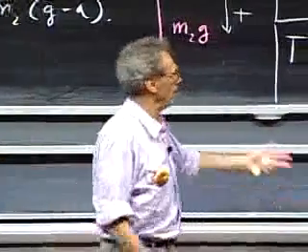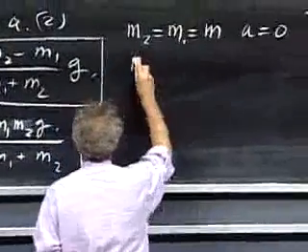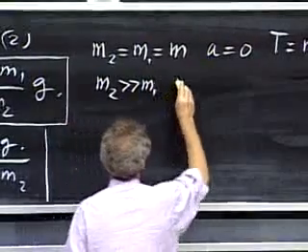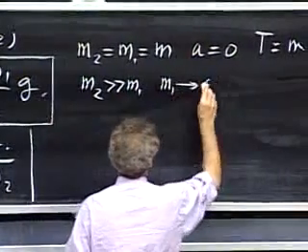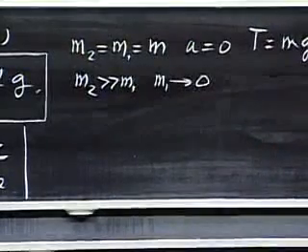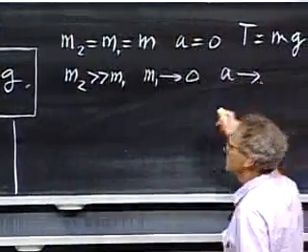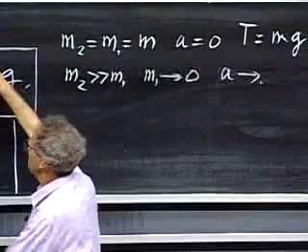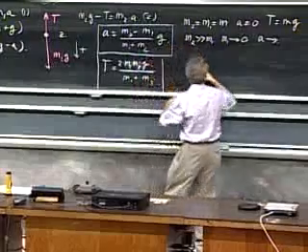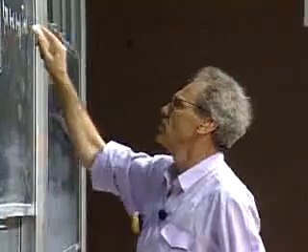Clear. Now we're going to make it more interesting. Suppose we make m2 much, much larger than m1, and in a limiting case, we even go with m1 to 0. Let's do that. What you see now, if m1 goes to 0, this goes away, this goes away, a goes to g. And T goes to 0.